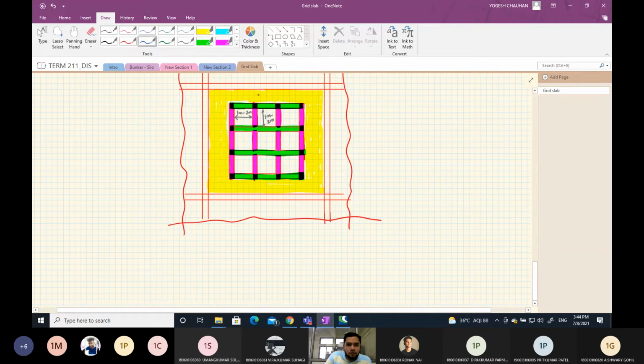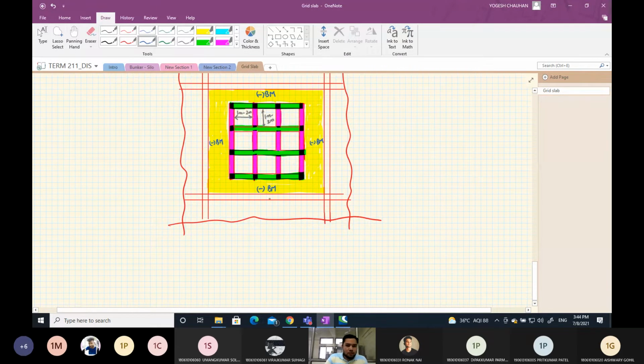So these are the zones where negative bending moment occurs. Near the support we have negative bending moment. So at those locations we may provide solid slab, and in between we can have the grid floor.